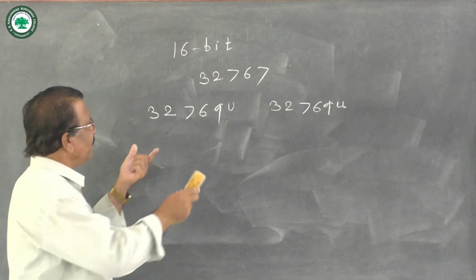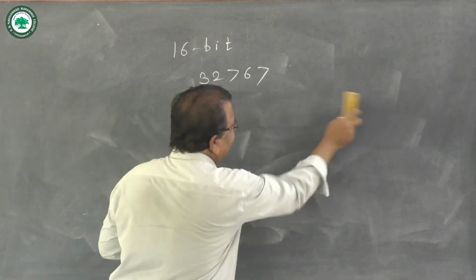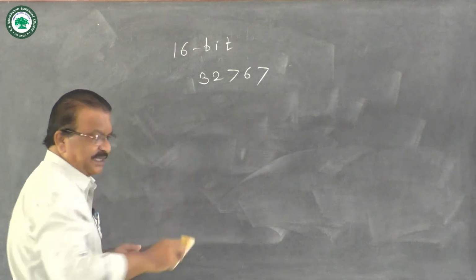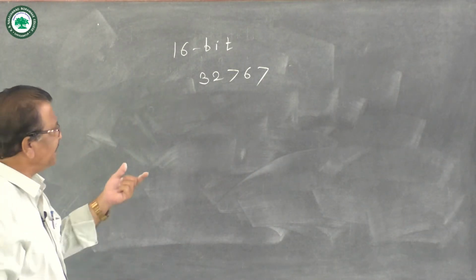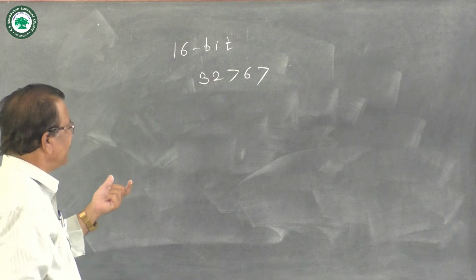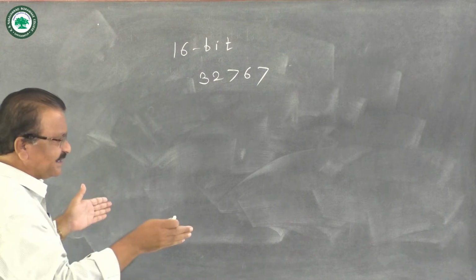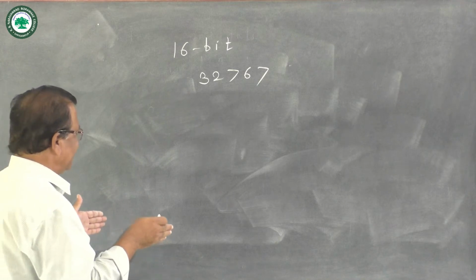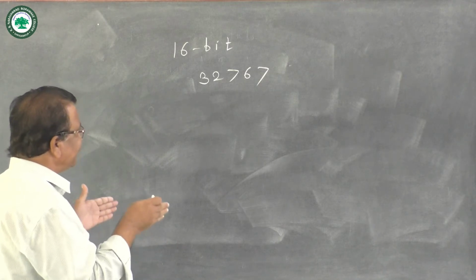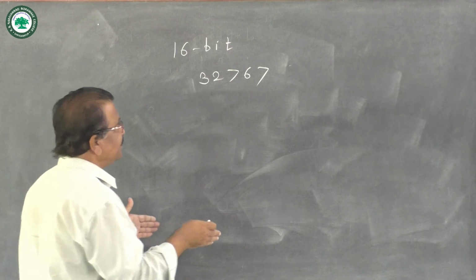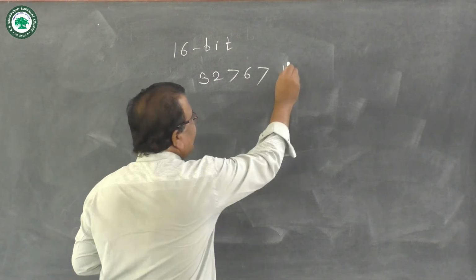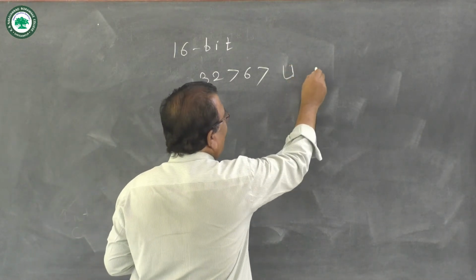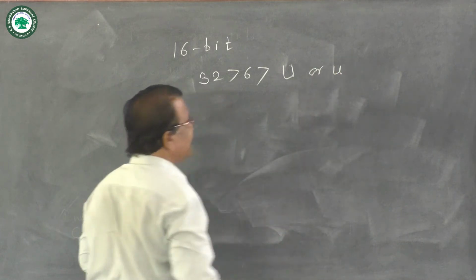So this particular number, a larger number that can be stored on a machine, if it is a 5 to 6 digit number, will be stored by the qualifier U or lowercase u.